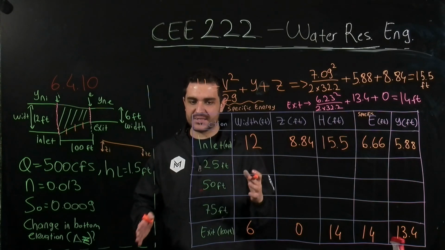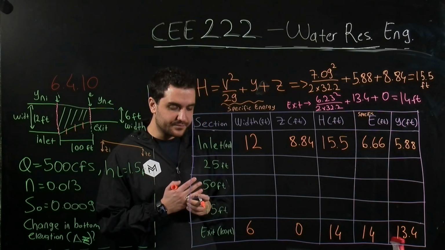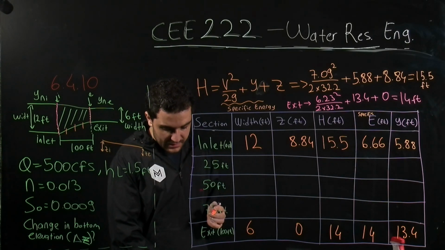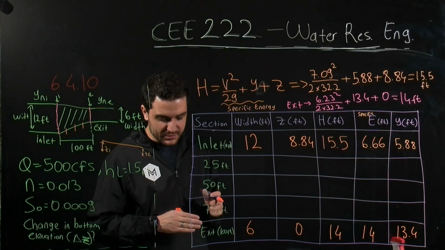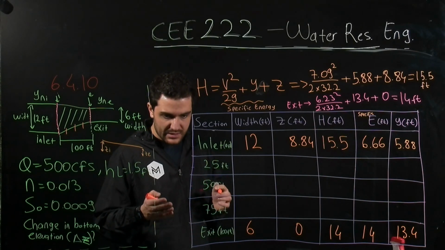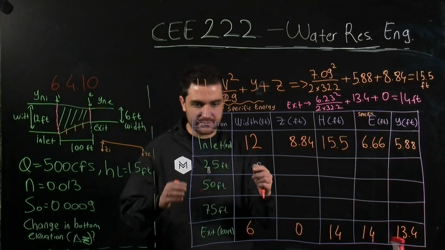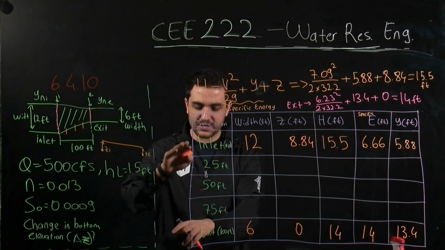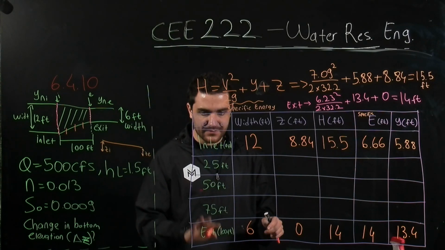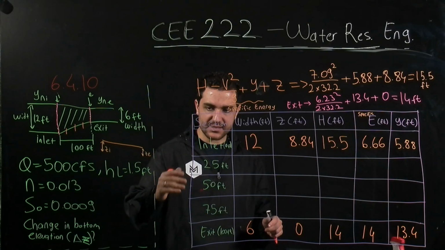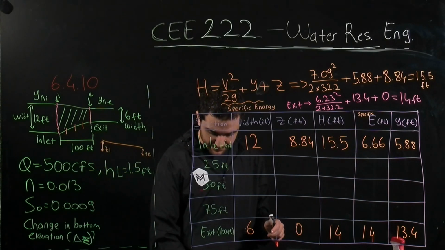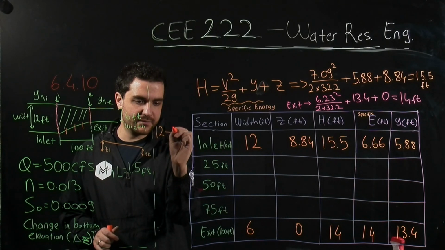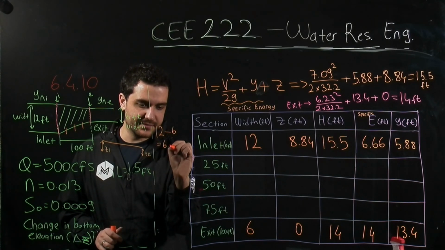After this point, it is just linear interpolation, because as stated in the question, it is uniformly distributed throughout the transition channel. For example, let's say we have a 6 feet change from inlet to exit, and we have 5 sections in this transition channel.